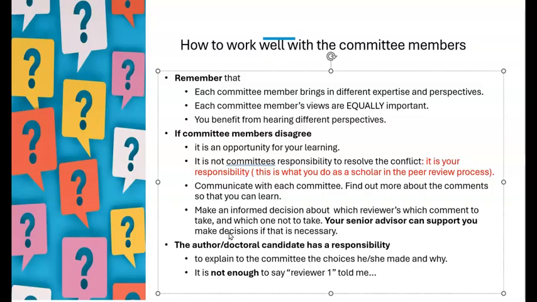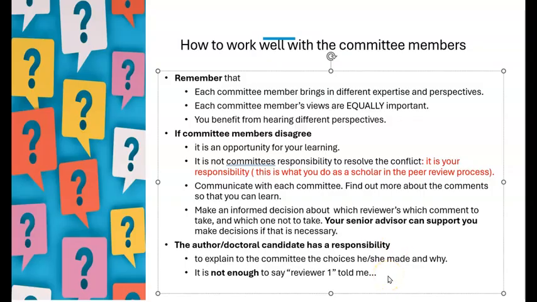Based on close communication with committee members, you make an informed decision about which reviewer's comment to take and which one not to take. Although it is your responsibility, as a chair, senior advisors can support you in making your decisions if that is necessary. But chairs cannot make decisions for you.